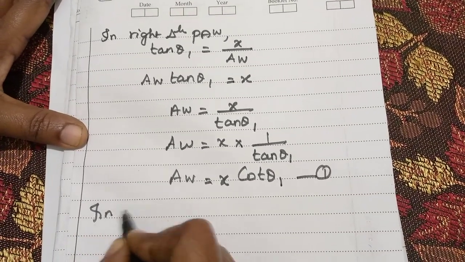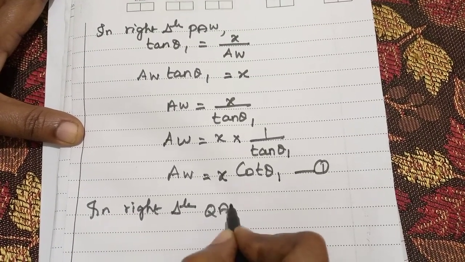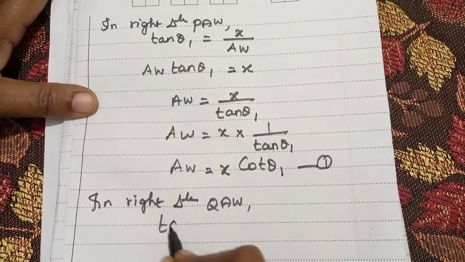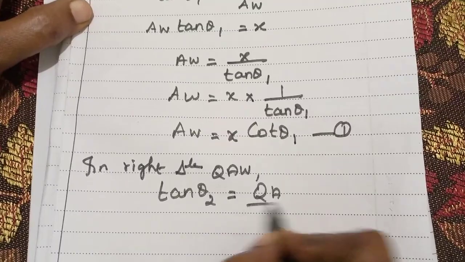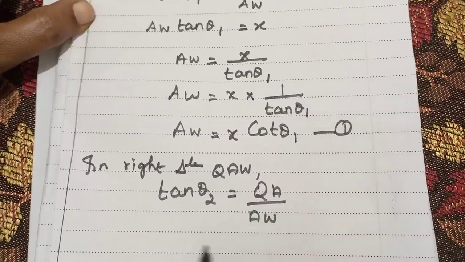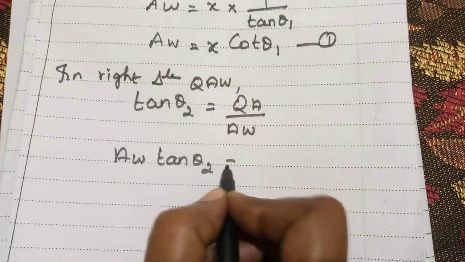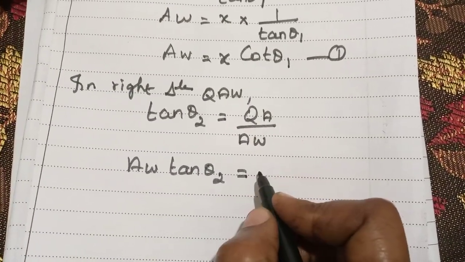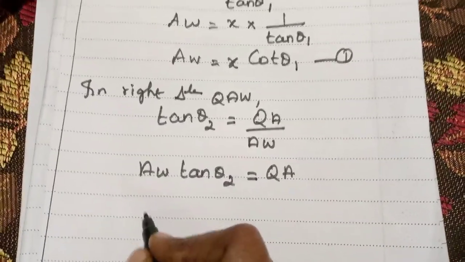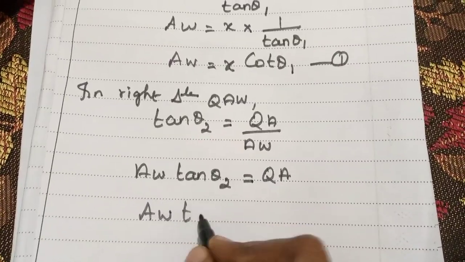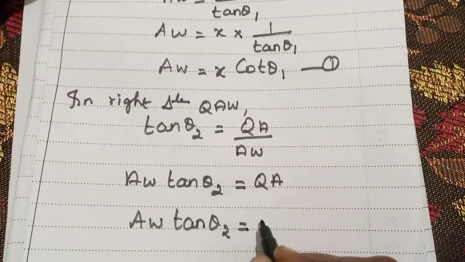In right triangle QAW, tan theta 2 is equal to opposite side QA by adjacent AW. Cross multiply it. AW into tan theta 2 is equal to QA. Here QA we have taken as height.